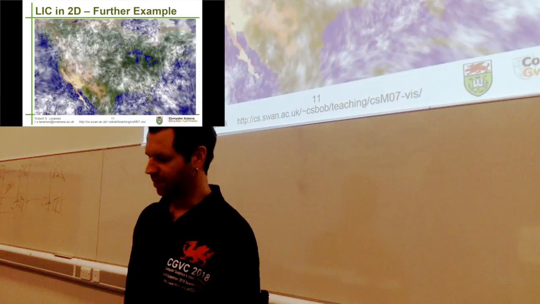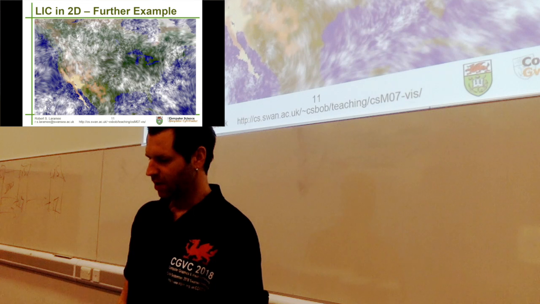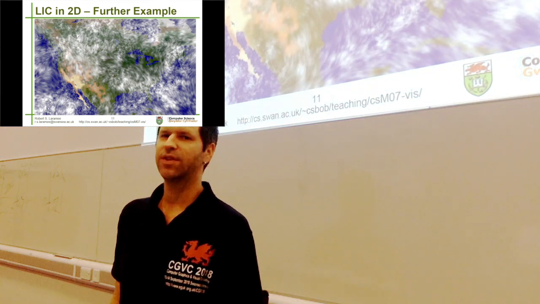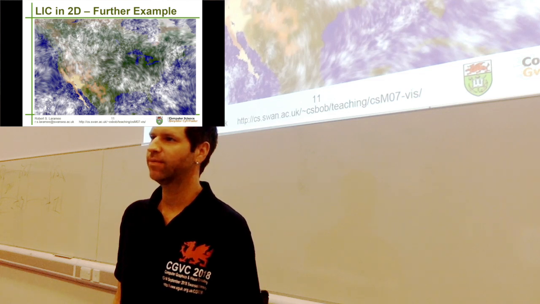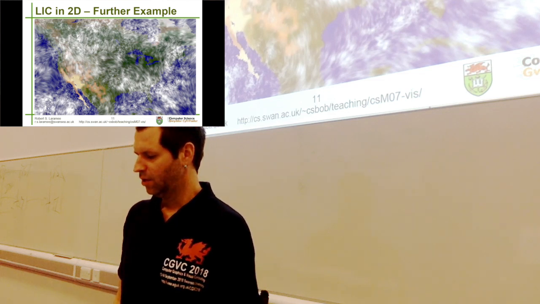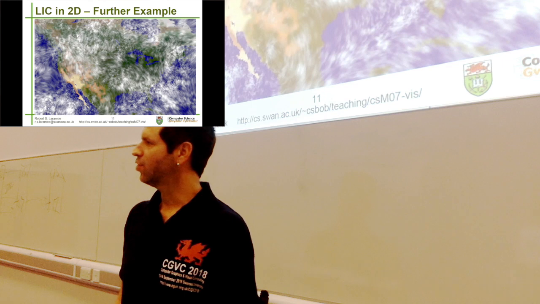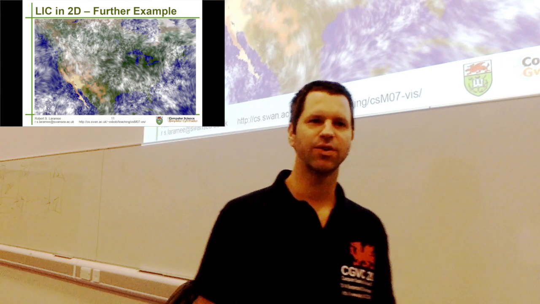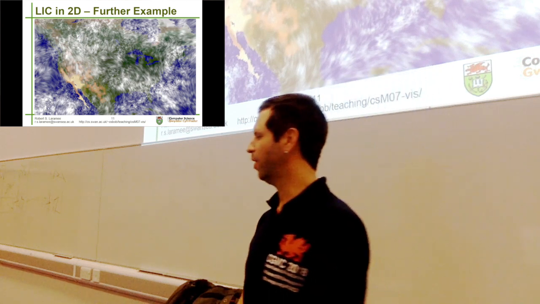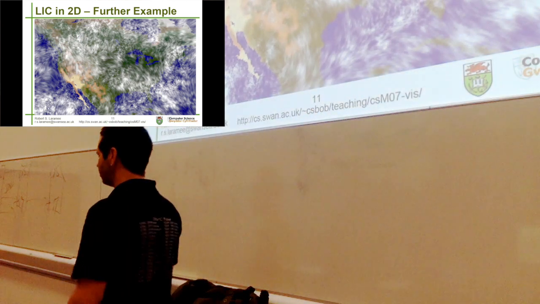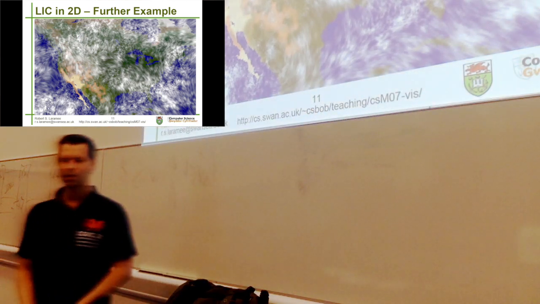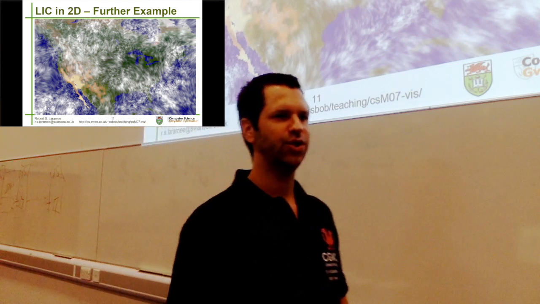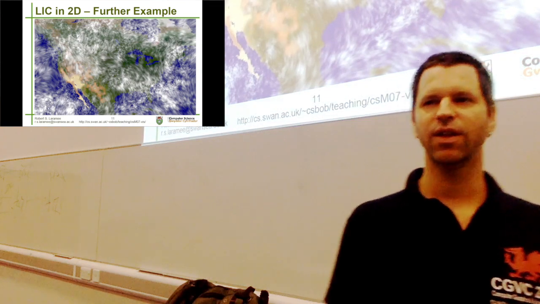So in this example, there's a white noise texture. However, the opacity is also changing there, so you can see through the texture. If there's a map underneath, it's good if you can see the underlying map, and the only way to do that is to vary the transparency. The idea here is you can make the texture varying levels of opacity.